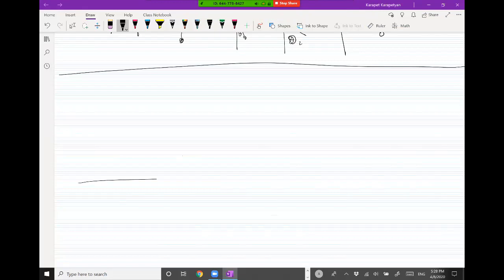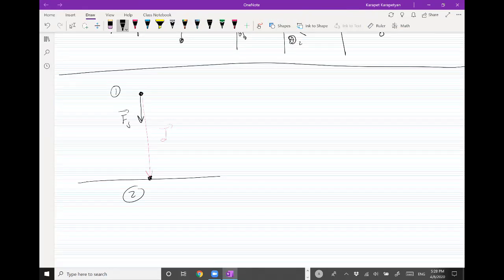So think like this. Here's our particle. Let's say this is point 1, and it's going to go from point 1 to point 2. As it's going down, let's say this is the displacement vector, and this is the gravity acting on it.